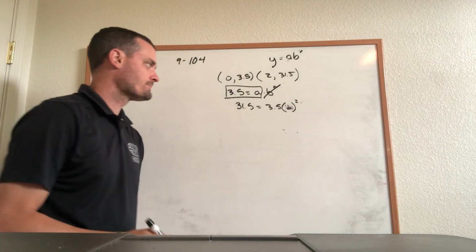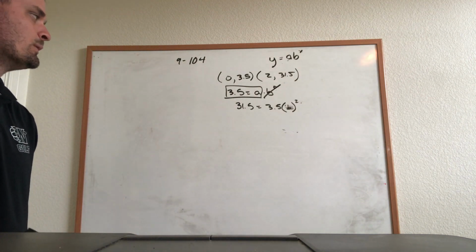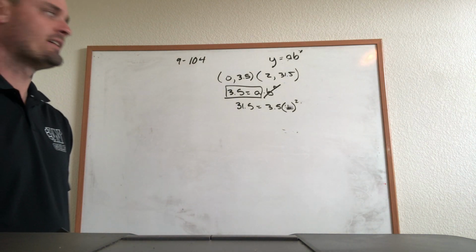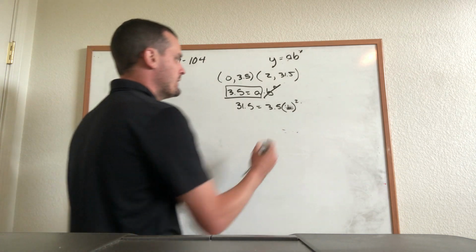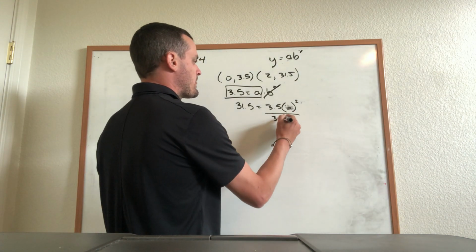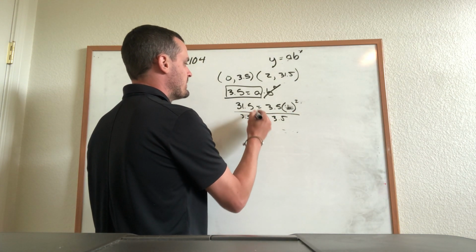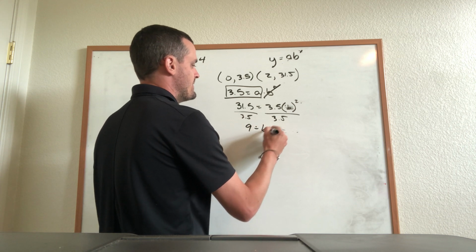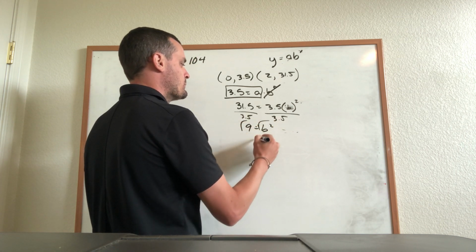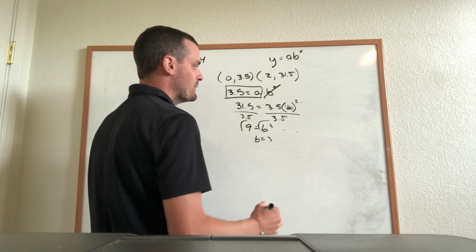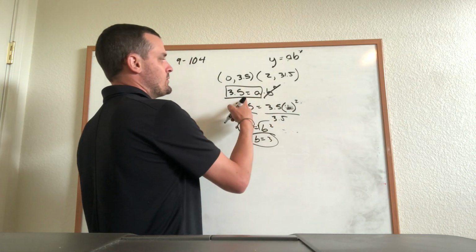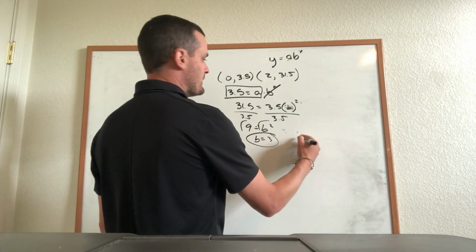All right. So we have 31.5 equals 3.5 times B squared. Divide by 3.5, we can assume that's 9. Square root both sides, you get a B value of 3. So A value of 3.5, B value of 3.